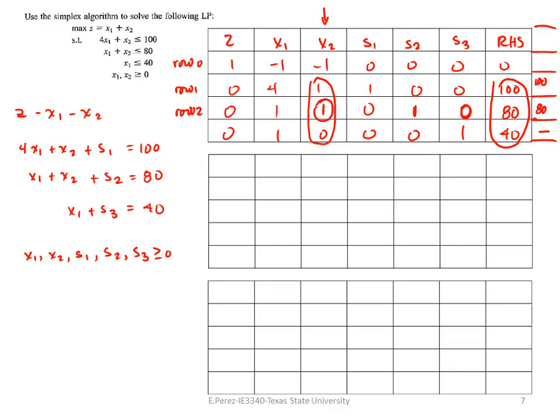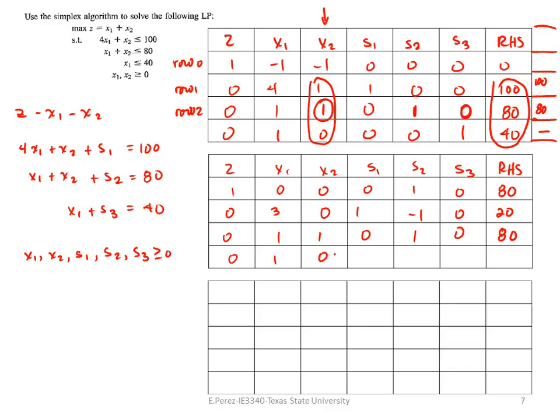So we're going to pivot this, and by performing those operations, z, x1, x2, s1, s2, s3, right hand side, we have 1, 0, 0, 0, 1, 0, 80, 0, 0, 0, 1, minus 1, 0, 20, 0, 1, 1, 0, 1, 0, 80, 0, 1, 0, 0, 0, 1, and 40.